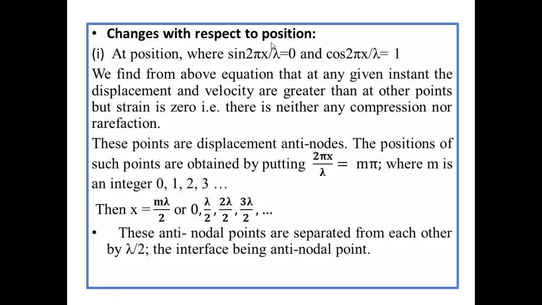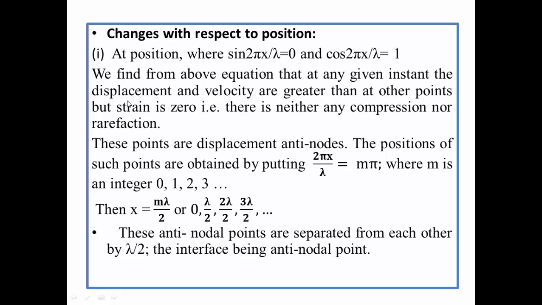So we first consider the case of changes with respect to position. It is at the positions where sin twice pi x by lambda is equal to 0, or cos twice pi x by lambda is equal to 1, we take these two.